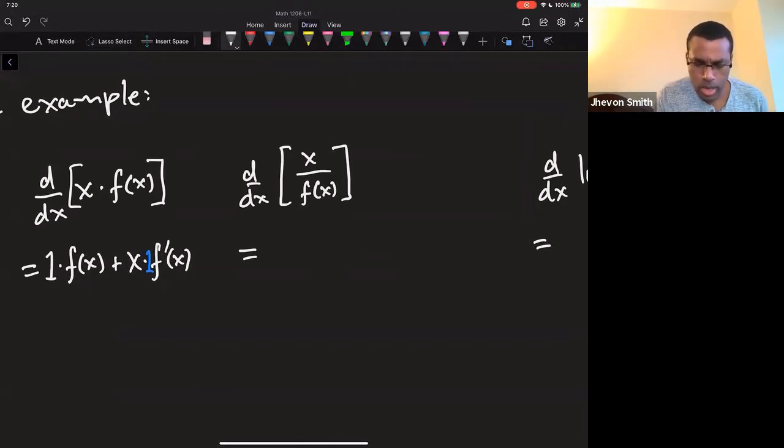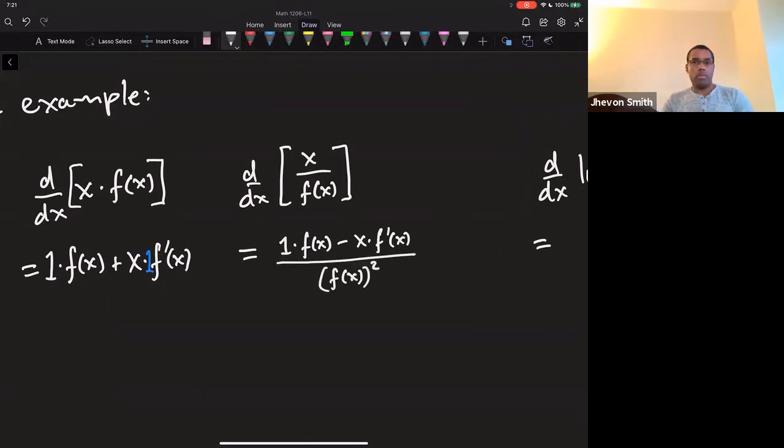So it's going to be the derivative of the top times the bottom minus the top times the derivative of the bottom all over the bottom squared. Okay. So again, so far, you're probably not seeing where the chain rule is happening, but I just want you to get used to manipulating a derivative when you don't even really know what the function is that you're manipulating.